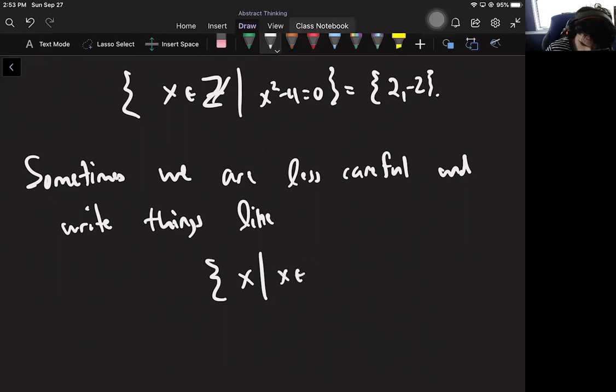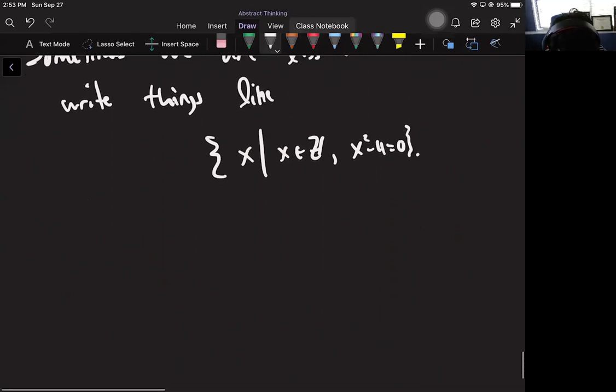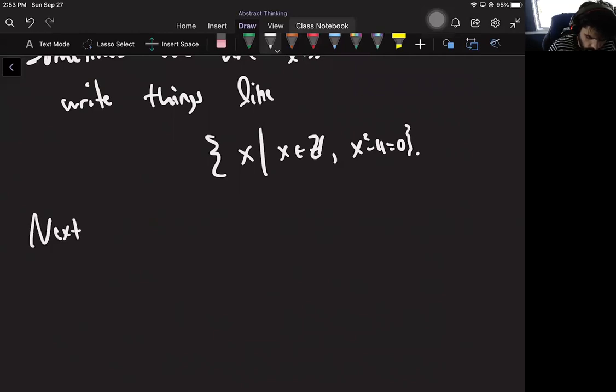Instead, you say it in the property side, the predicate side. And that's okay too. It's just not as perfect, I guess. Okay, so now that we have this set builder notation, we can describe the next permanently named set.